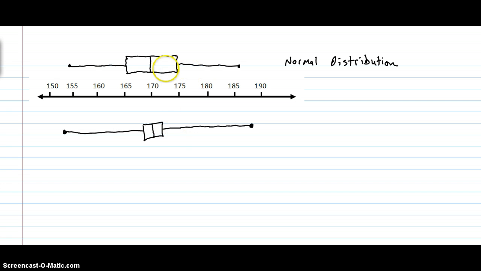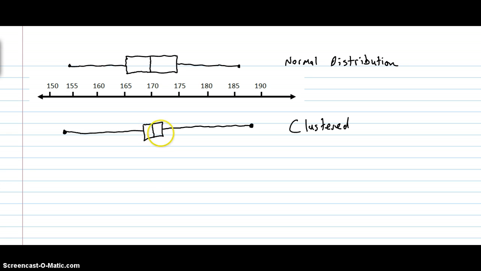Now compare the normal distribution, which I've placed up here, with a different box plot. This one's of what we would call a clustered distribution. Clustered because, similar to the normal distribution, a lot of the data is close to the mean, but in this case it's much more extreme. A whole half of the data is very, very tightly packed close to the mean here in the box, between Q1 and Q3.